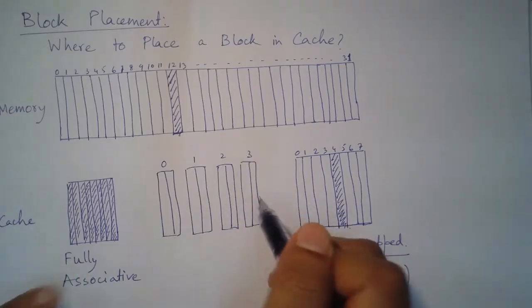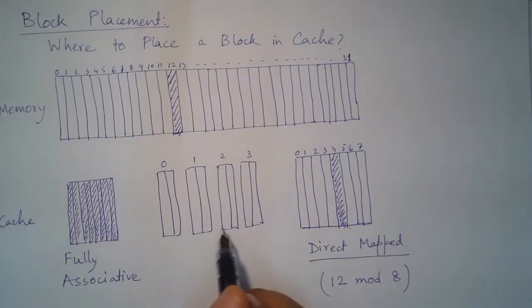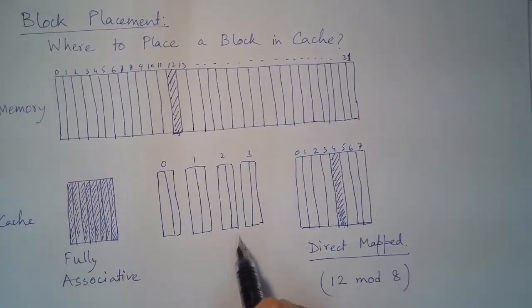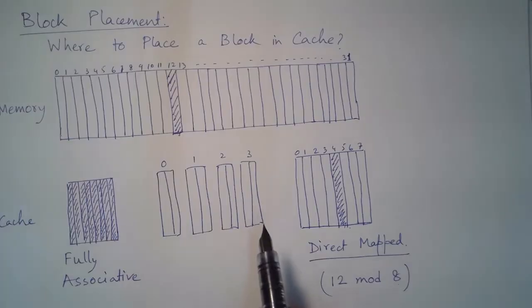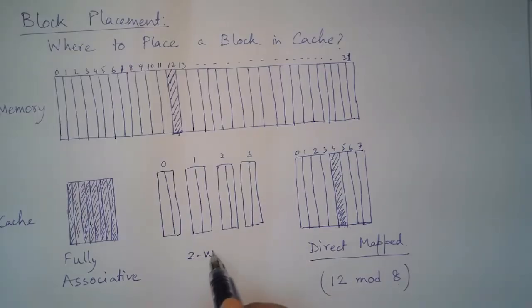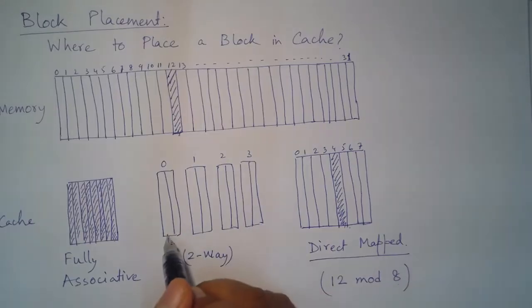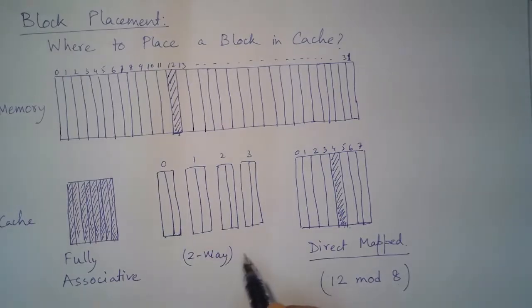So here also we have 8 blocks, but logically we have created these subsets, and each of the sets contains 2 blocks. Now this is called a two-way set associative cache. Basically this is broadly called a set associative cache. Since each set has 2 blocks, that is why it is called a two-way set associative cache.